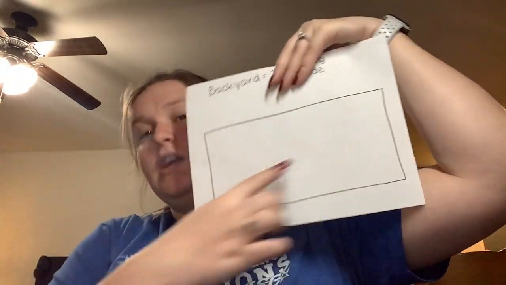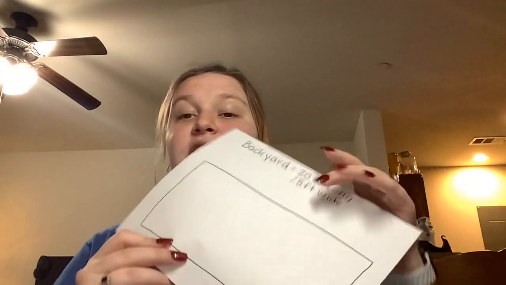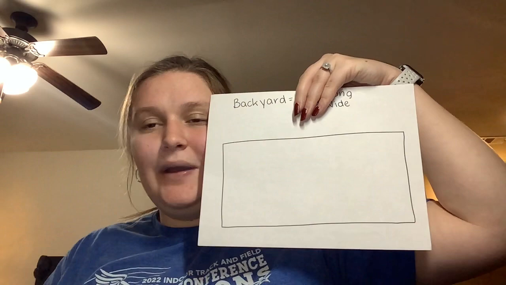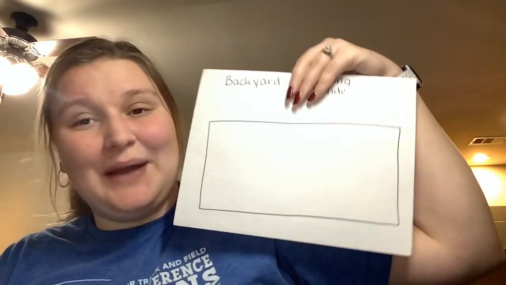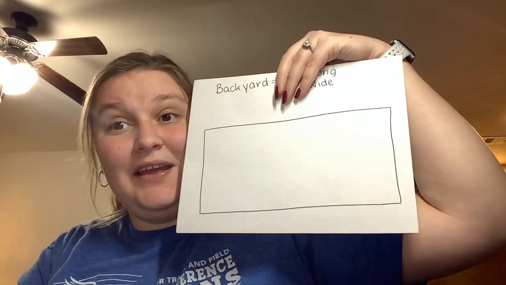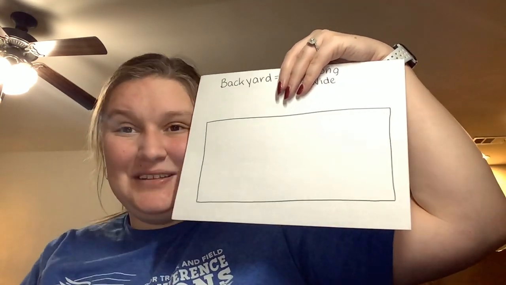So I'm going to pass out this paper. Do not look at the numbers at the top. We're not worrying about that yet. We're just talking about the rectangle. Okay, so what sides are going to be congruent or the same? The top and the bottom are going to be the same, and then the two sides are going to be the same, right? Okay, that is very important to know.